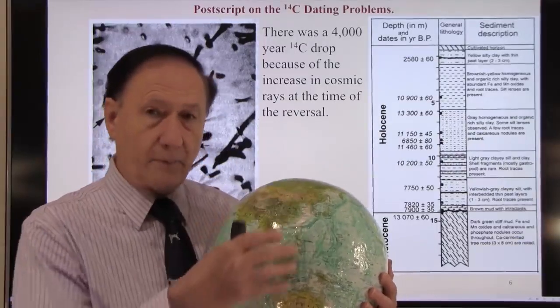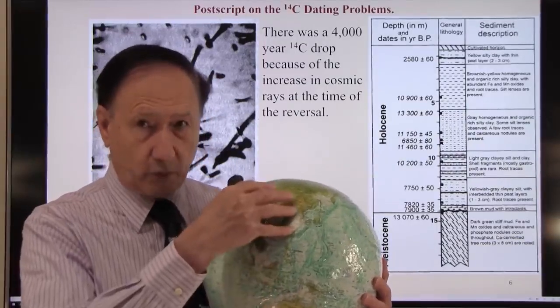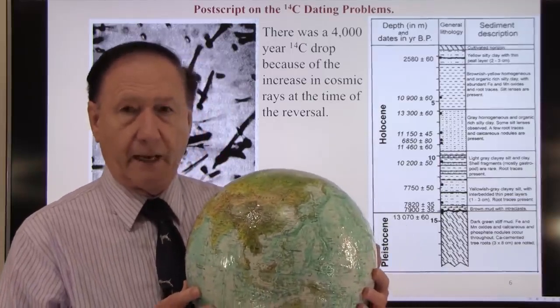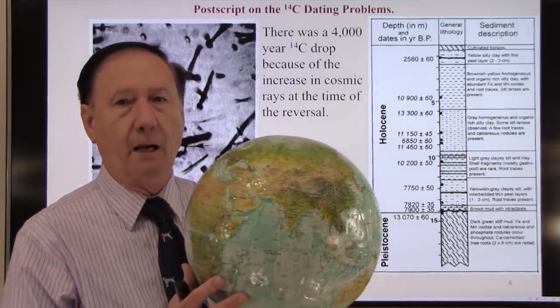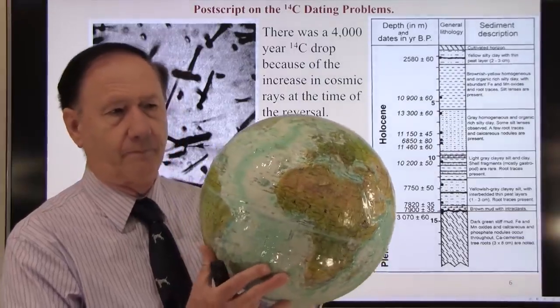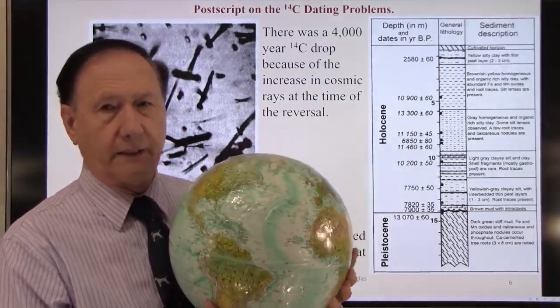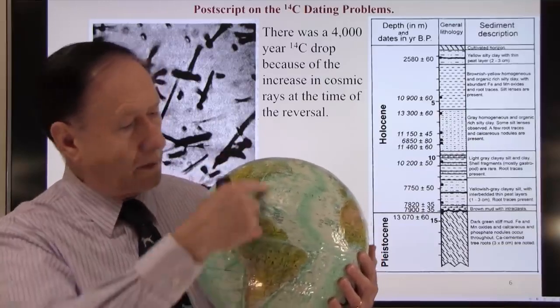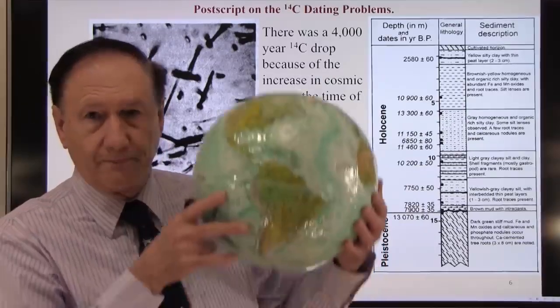So there's a high percentage of carbon-14 created in this part of the world. Then I estimate 7 to 8 hours later, the Earth starts rotating in the opposite direction. And the dust shell, 17 to 18 hours later, would have been like this, across here, the Americas through Brazil.